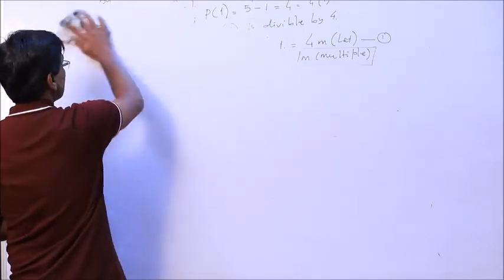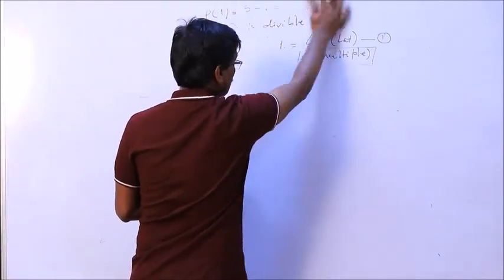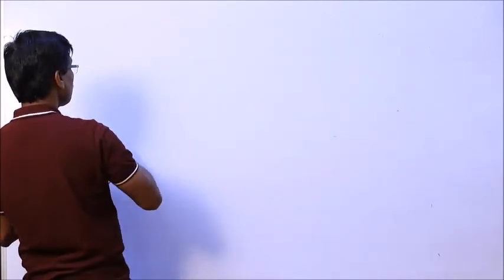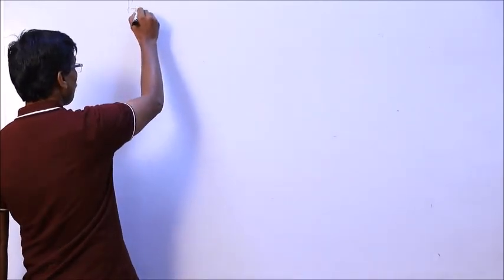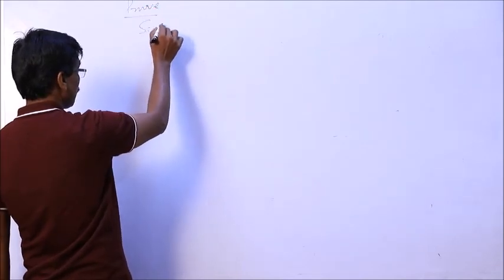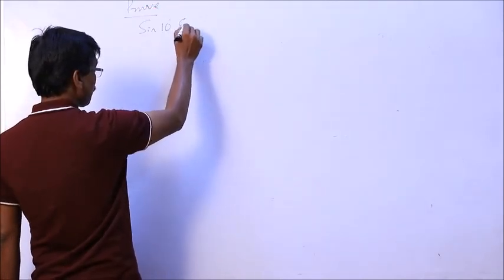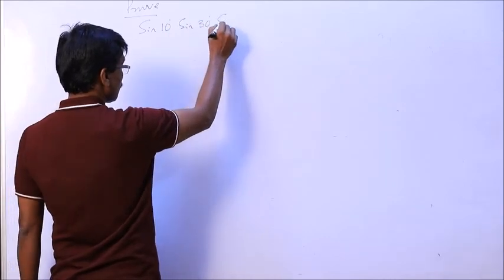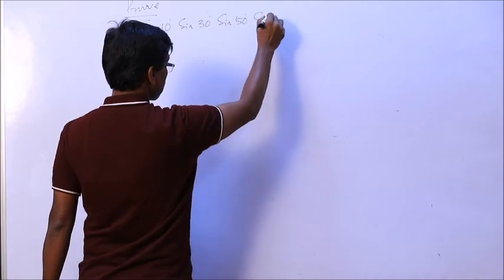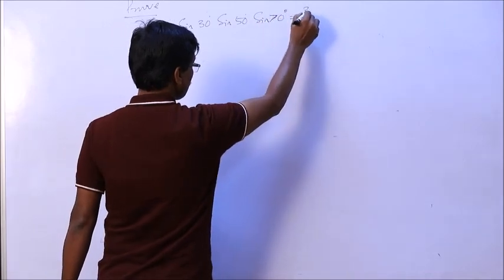So, take one example, suppose the problem is we have to prove sin 10 sin 30 sin 50 sin 70 is equal to 3 by 6.